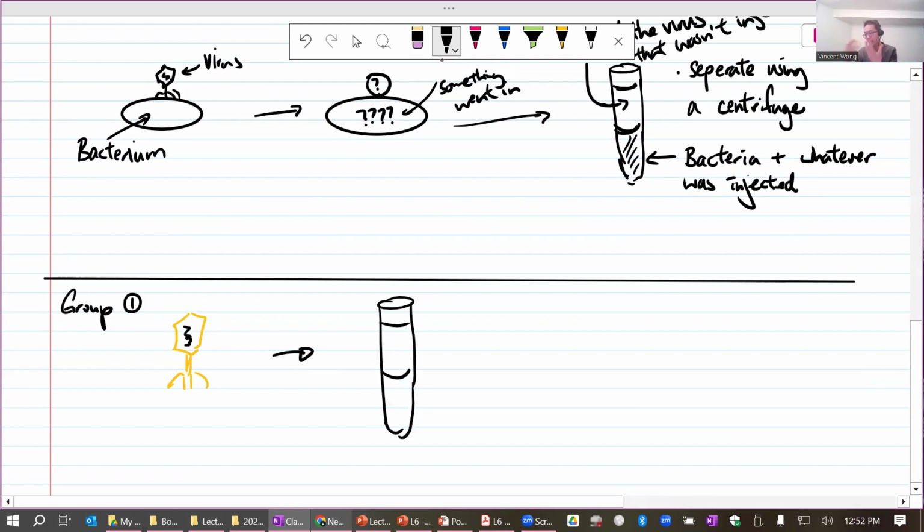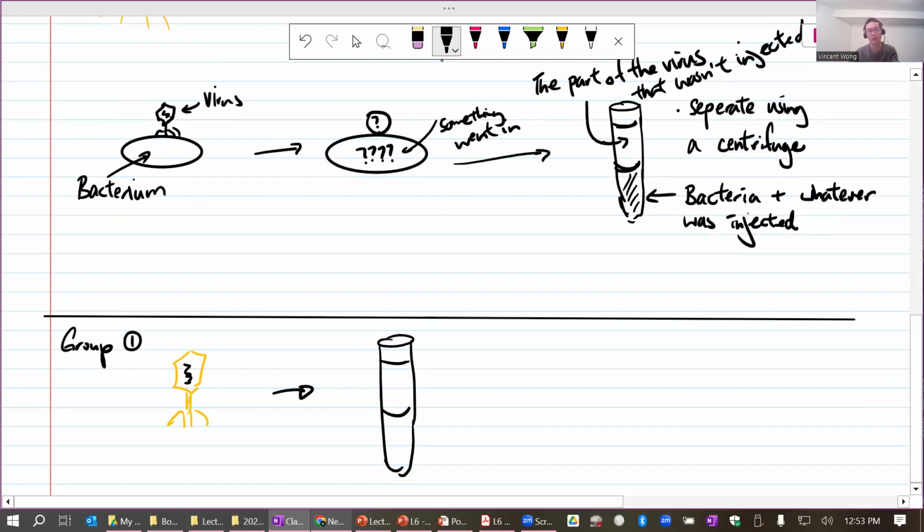Now, I hope we already know it is the DNA that is responsible for the hereditary material, right? DNA is the genetic material. We know that already. That's what we've been learning. But they didn't know back then. That's why they're doing this experiment, right? So, knowing what we know, I want to ask you, do you expect the radioactivity, the glowing yellow thing, to be at the top or to be at the bottom?